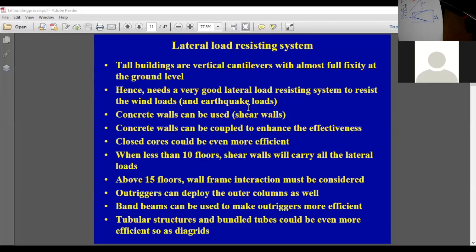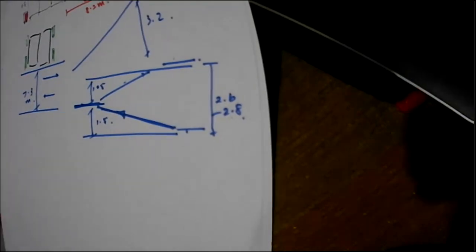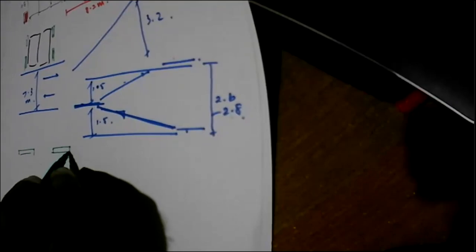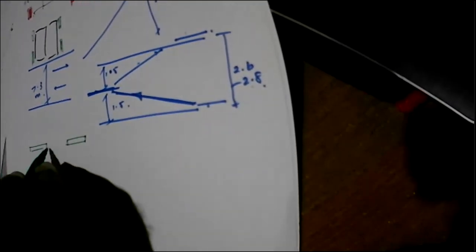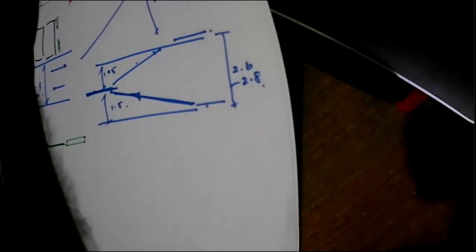And the next topic we are going to learn after this discussion is what we call coupled shear walls. That means, when two shear walls are in the same plane, we can connect the two shear walls. For example, if you have one shear wall here, another shear wall here, it's possible to have a beam connecting the shear walls.